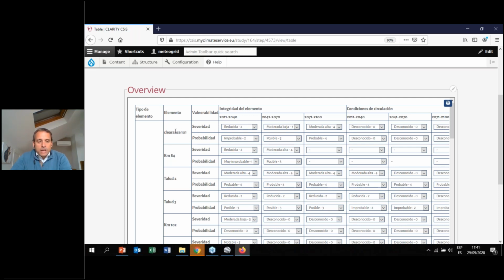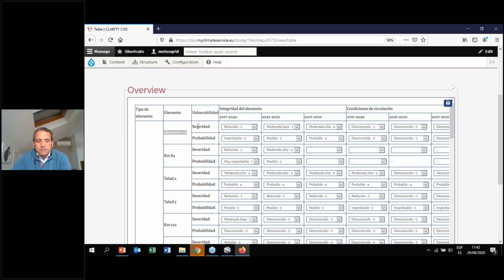For each point in the map, which we have previously identified in the table, we can define the integrity of the specific infrastructure from 0 to 6, from inexistent 1 to very important 6.